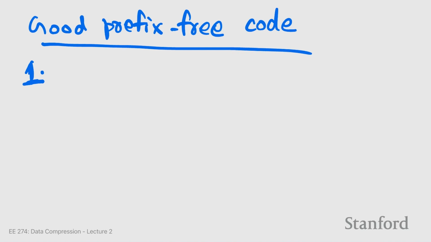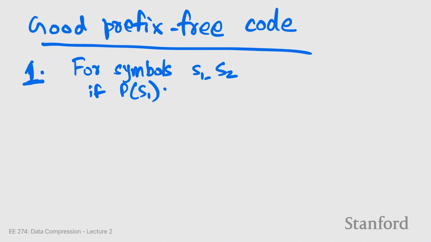Okay, so the first property is for symbols S1, S2, if probability of S1 is greater than probability of S2, then the length of the code word for S1 should be what? Greater or smaller than the length for S2? Smaller, right?